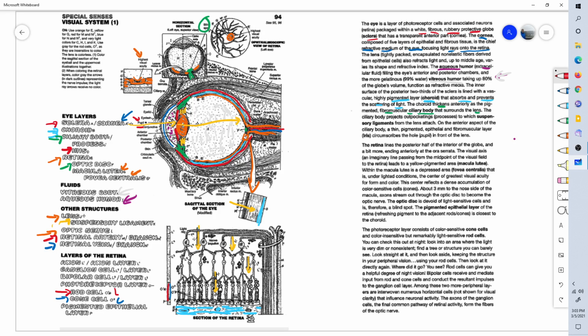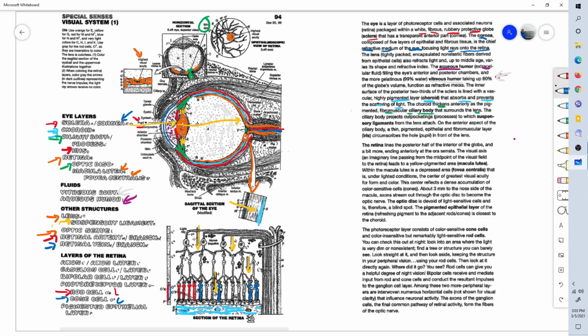So in red, we have the rod cells interpreting light, sensitive to light. And then we have cone cells that pick up color right here. Cone cells.